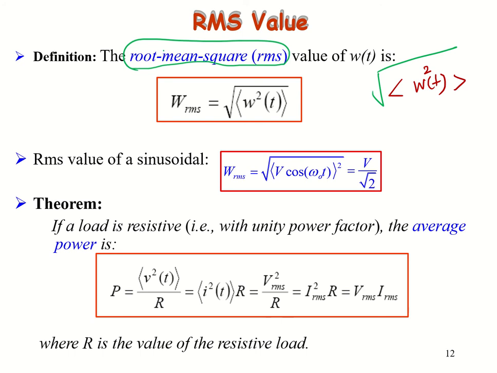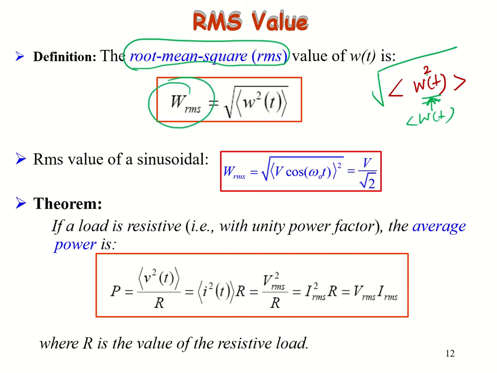So the root mean square value is basically the time average value, or the DC value, of the squared signal, followed by the square root.